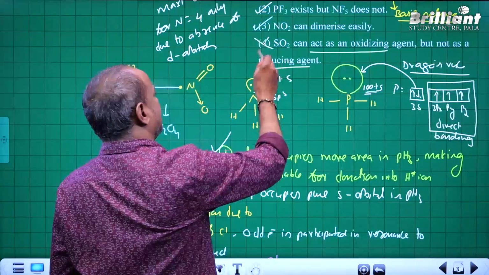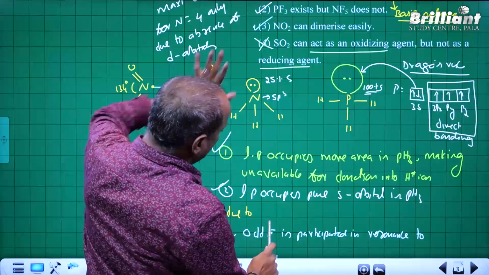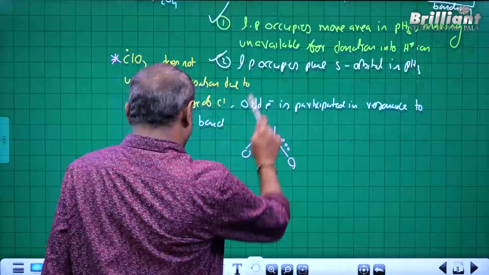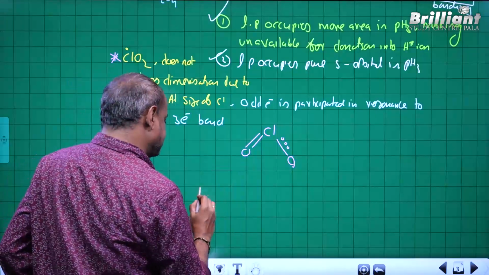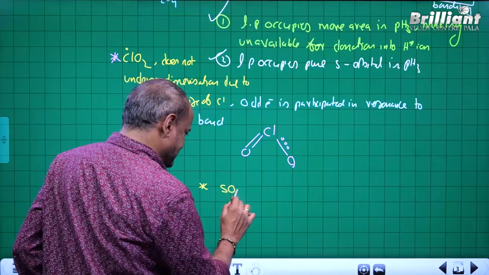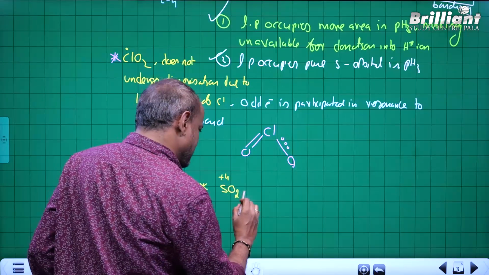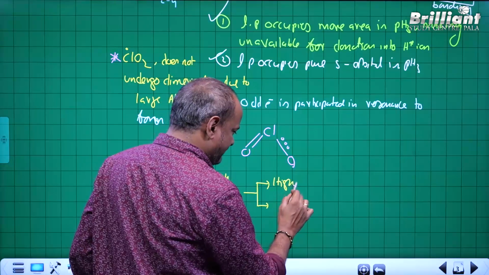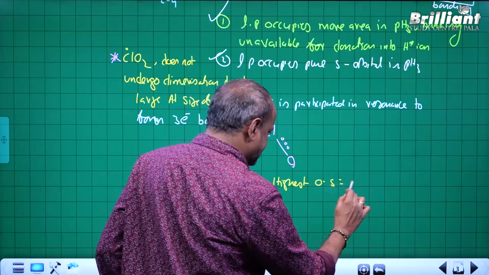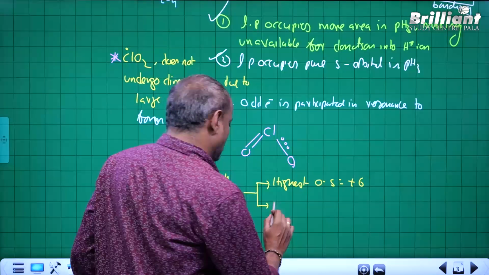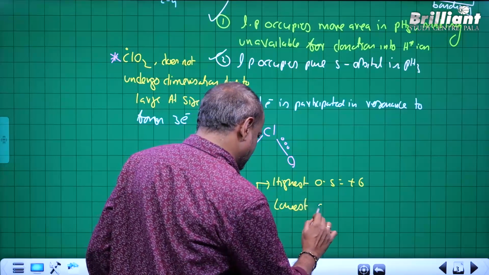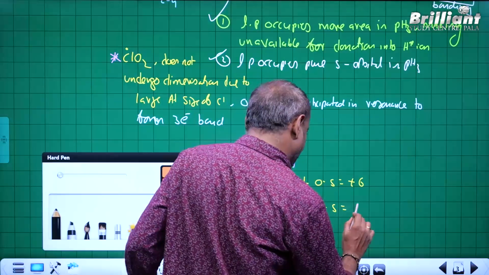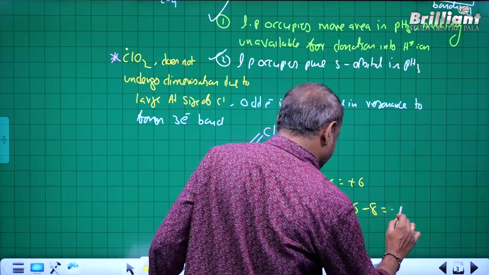This is a wrong statement, and there are 2 points to explain why. First, oxidation number. SO2 has oxidation number plus 4, which is between the highest and lowest. The highest oxidation number for sulfur is 6 plus 6, that is plus 6. The lowest is 8 minus 6, so 6 minus 8, that is minus 2.